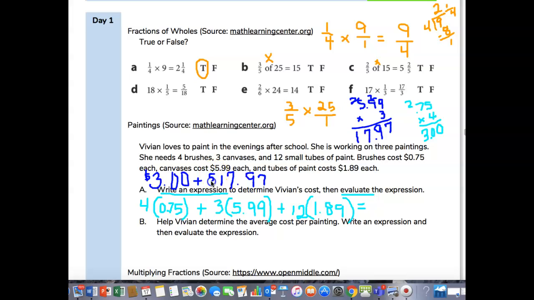Okay. So we still have to add the paint. So $1.89 times 12. Let's come over here. And of course you can have scrap paper, so it's a little easier for you. $1.89 times 12.